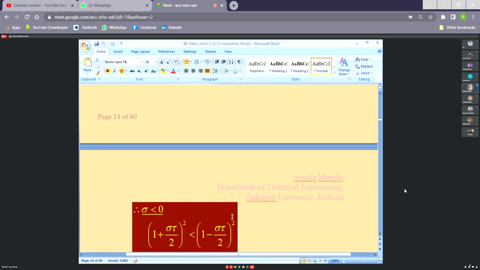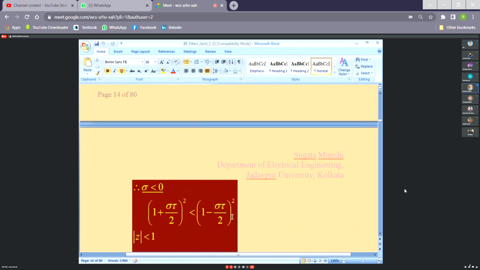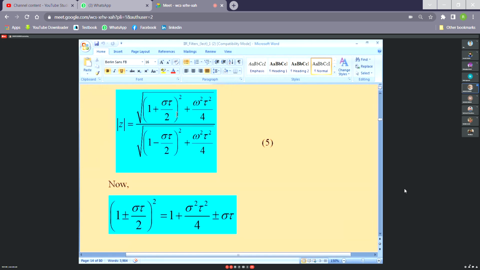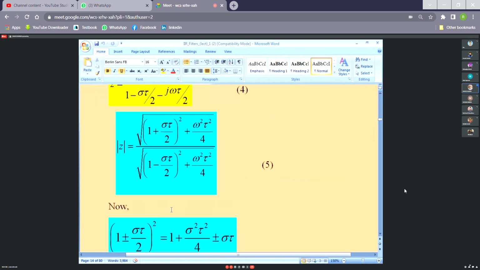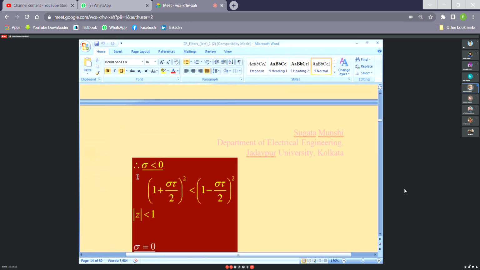Therefore, when sigma is less than 0, what is written on the left-hand side will be less than what is written on the right-hand side. The left-hand side appears in the numerator, the right-hand side appears in the denominator. So for sigma less than 0, the magnitude of Z will be less than 1.